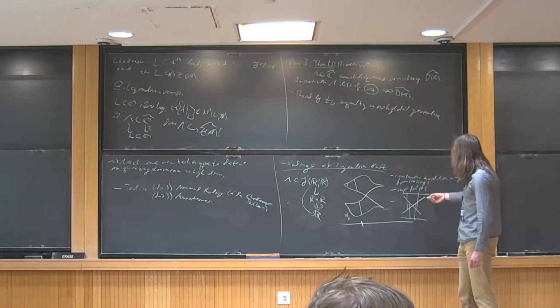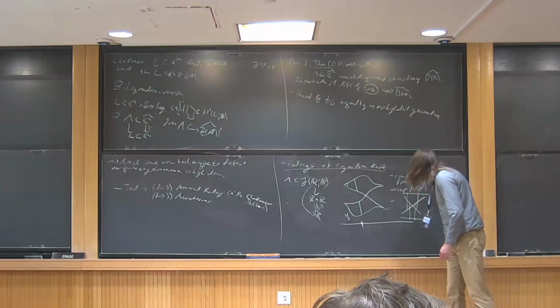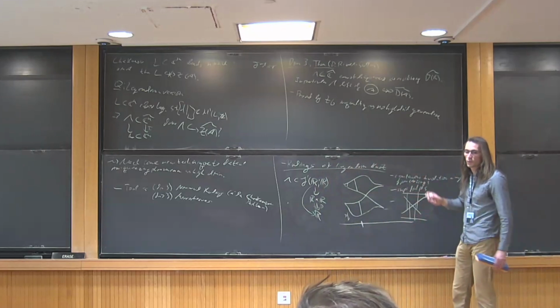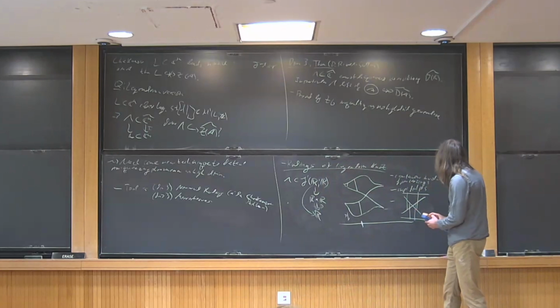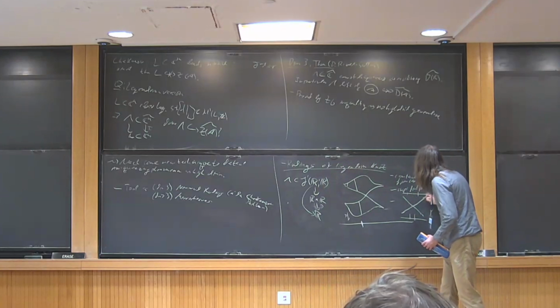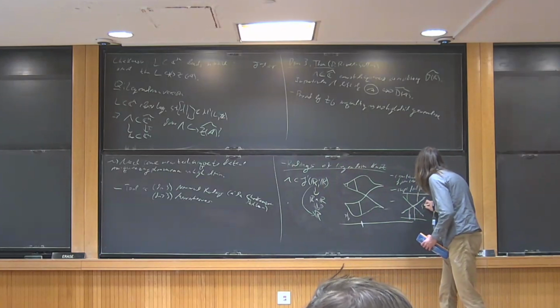In this case, I want to give you a condition on when you're allowed to bounce off a crossing, which we'll call switching. So I should draw this picture a little bit differently to give you a situation that I actually allow. This is called a switch.